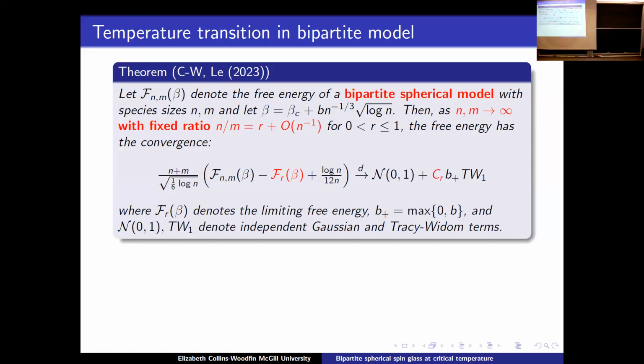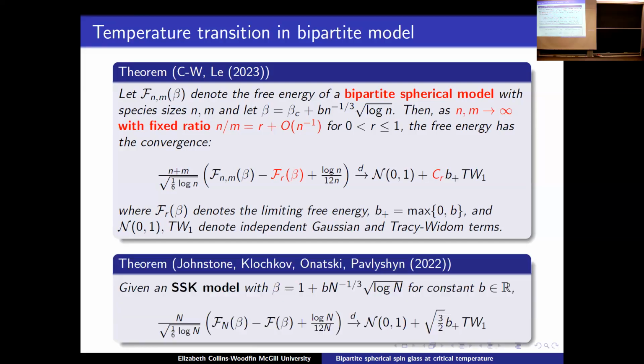The limiting free energy is now a different formula, but we have that explicitly. And then we have an explicit constant here for the Tracy-Widom term that depends on the ratio of the species sizes. But what we see again is this sum of Gaussian and Tracy-Widom. And then there's the other one for comparison. Okay. So that's the result that we get.